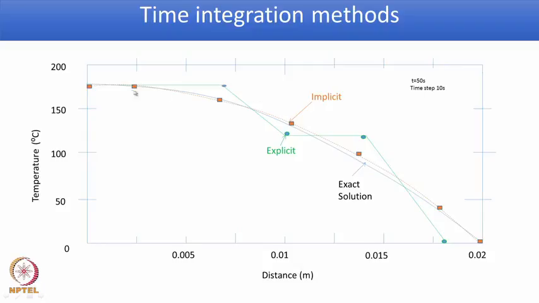We already noticed the explicit scheme shows a stepwise solution, whereas the implicit scheme captures almost the same as the exact solution. So, you understand the effect of the implicit scheme as well as the explicit scheme on the results. You also have to see the time required to obtain the solution as well as the memory required to use the explicit scheme or implicit scheme.